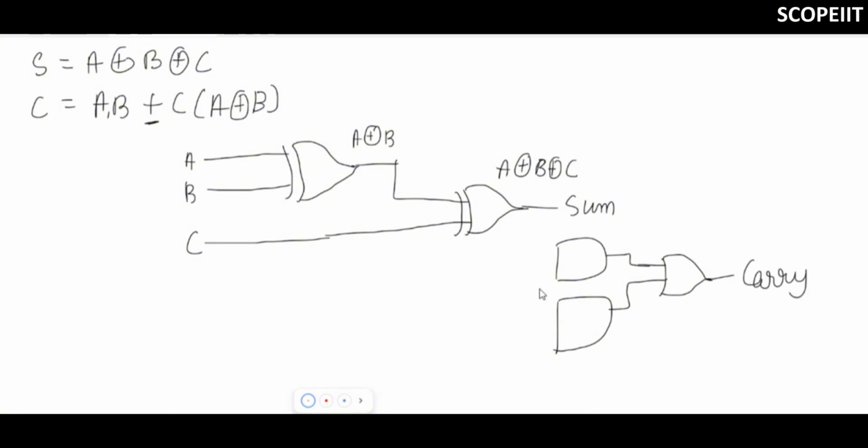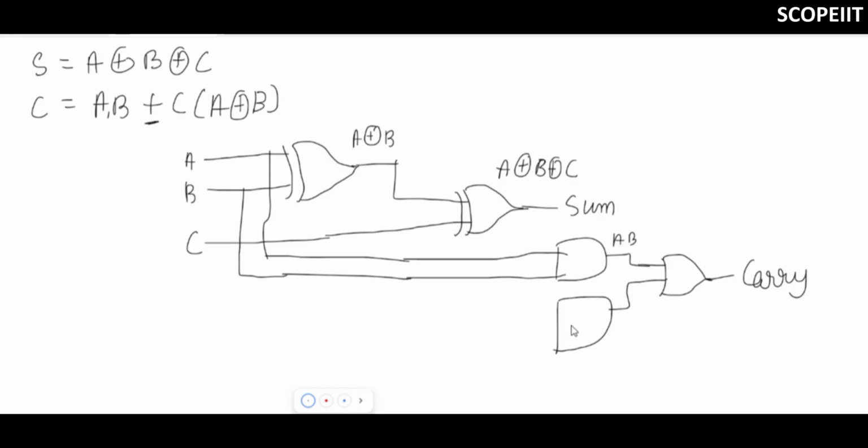Now what will be the input? The input in the first AND gate is nothing but A and B. So take a line from here, take an arrow from here. So this A will go here and B from here, right? So this will generate AB.